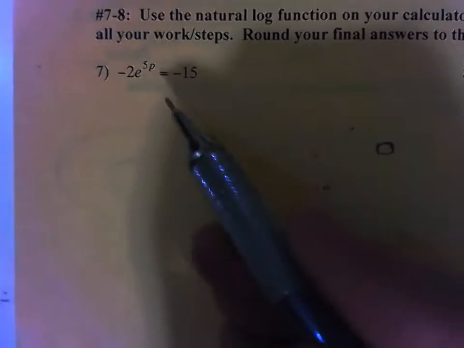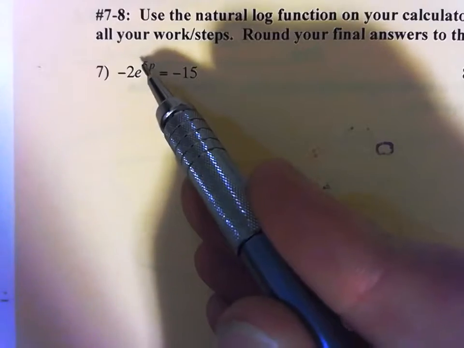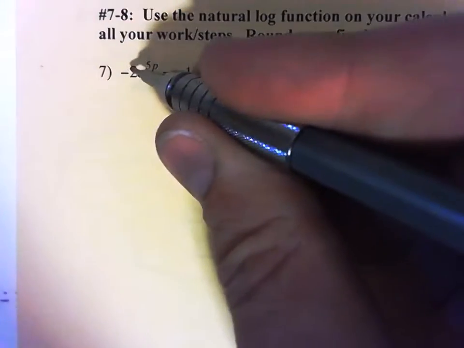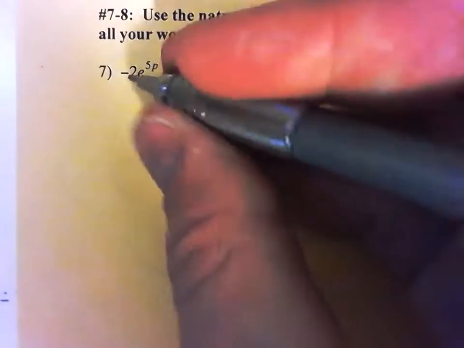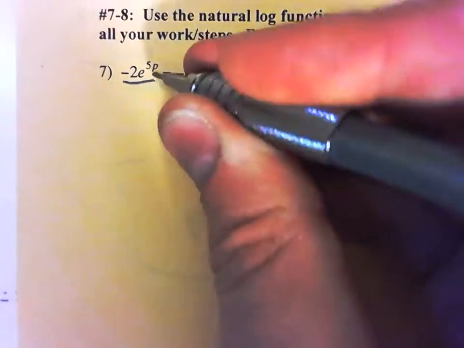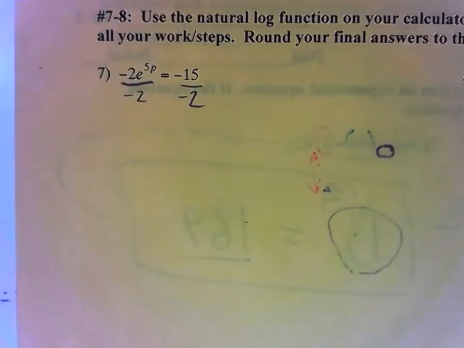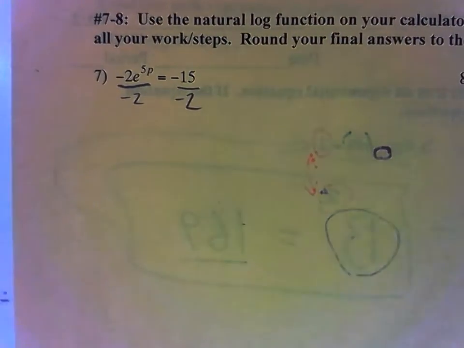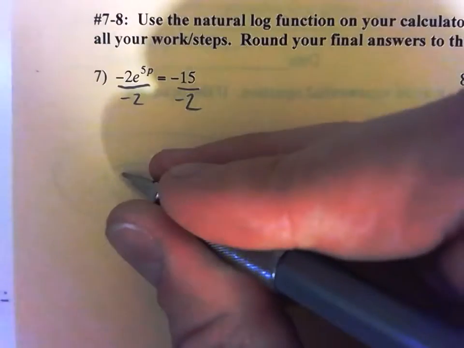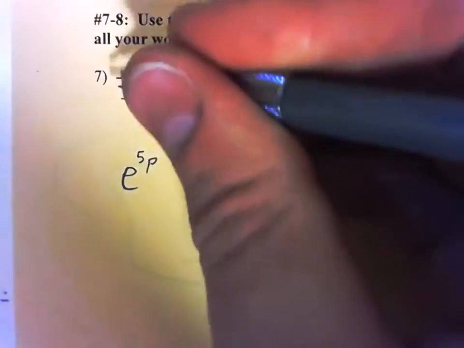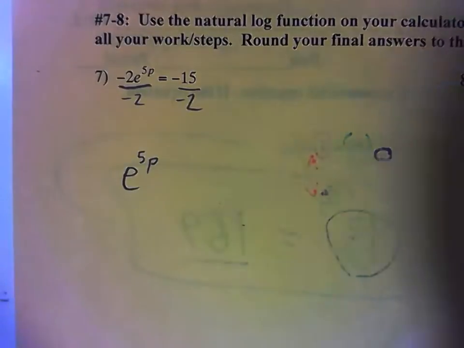Okay. To get rid of e to a power, you need to use the natural log, but this -2 is in the way of getting that to work. So we're going to divide by -2 before we try to mess with any fancy stuff, to get the e to the power by itself so we can do the natural log stuff. Okay, -2 divided by -2 is 1.